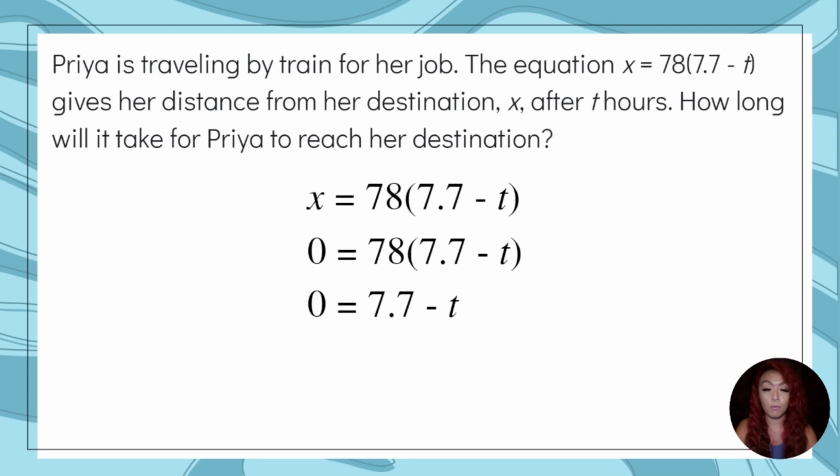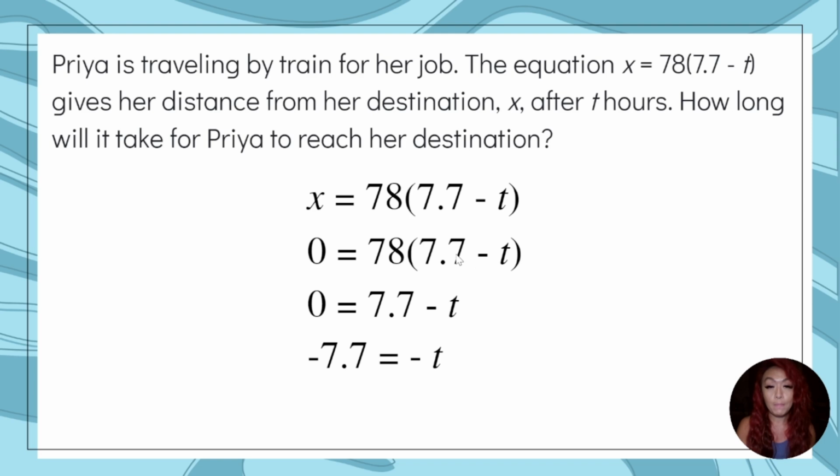Let's use inverse operations and subtract 7.7 on both sides. We get negative 7.7 equals negative t. Now notice how some people think that we've found our solution at this point, but we have negative t, not positive t. So this negative sign basically means that our coefficient is negative 1.